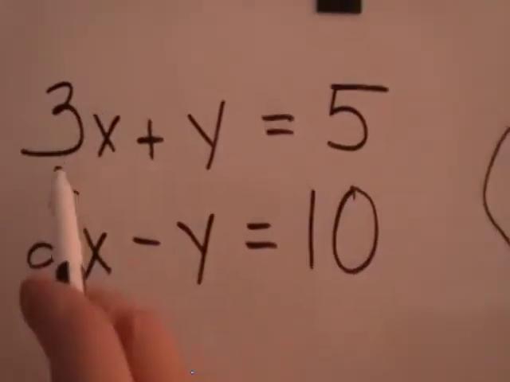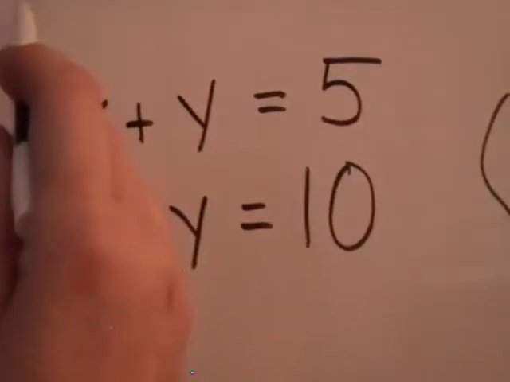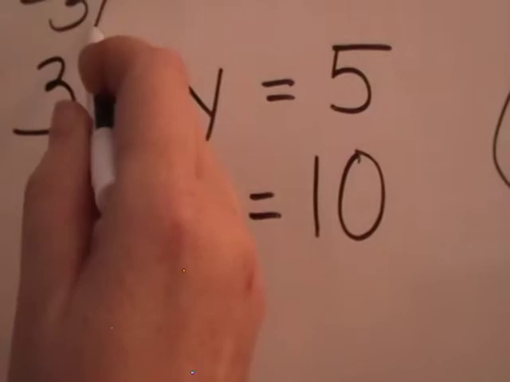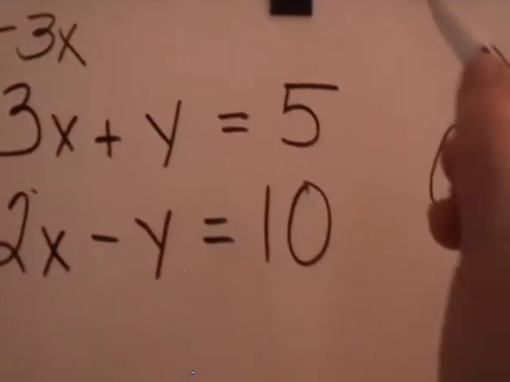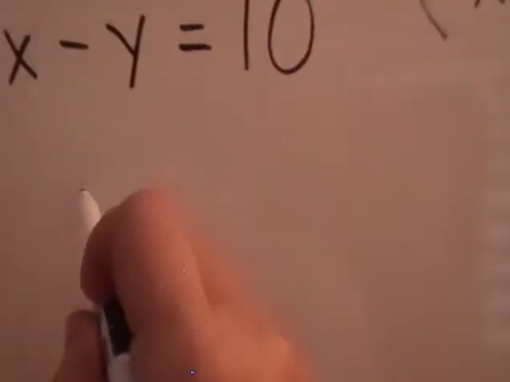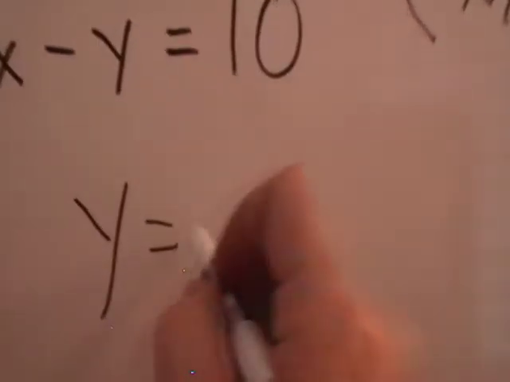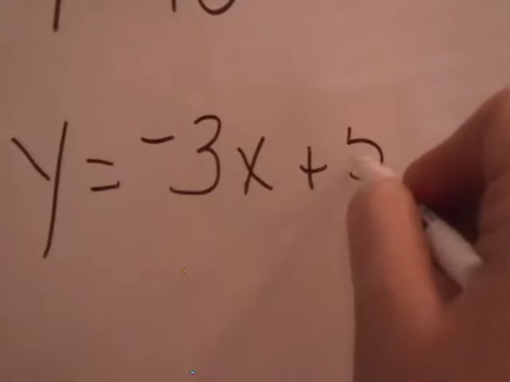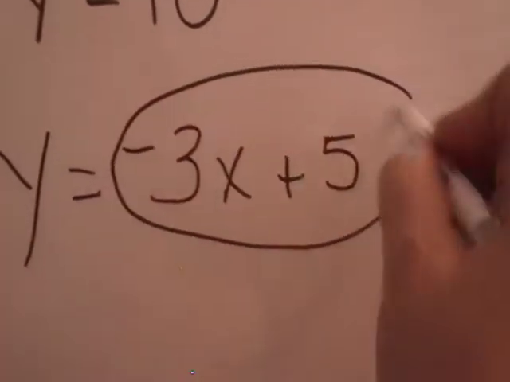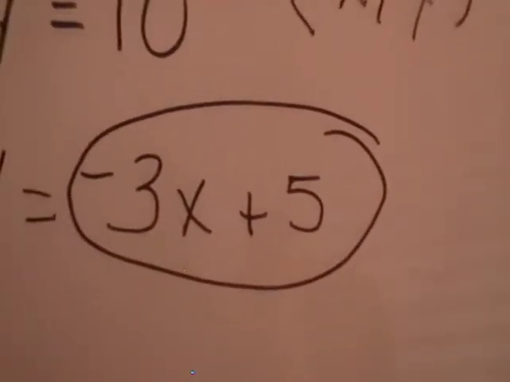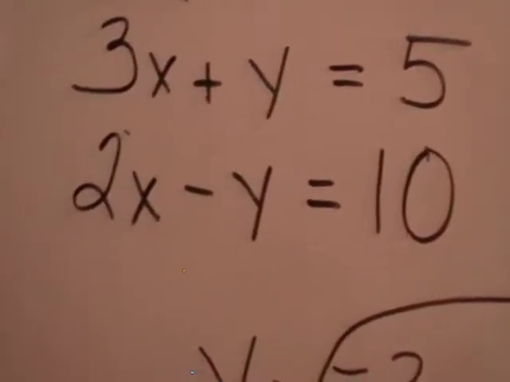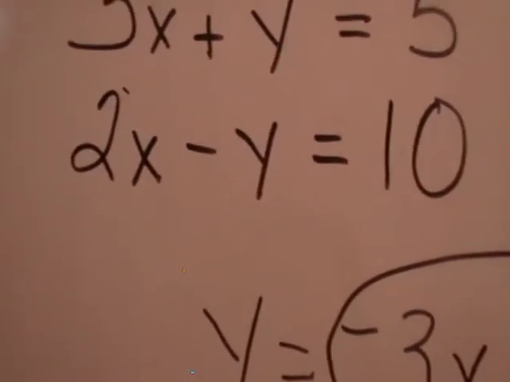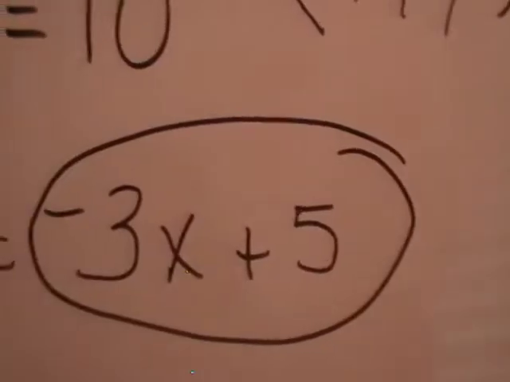So we're going to take this first equation and we're going to subtract 3x over here. And we are going to then have y equals negative 3x plus 5. That means that y equals that right there. So then every time I find a y in that second equation, I'm just going to substitute that in.